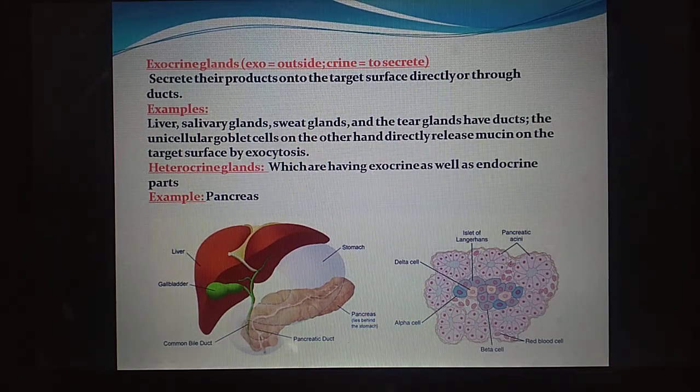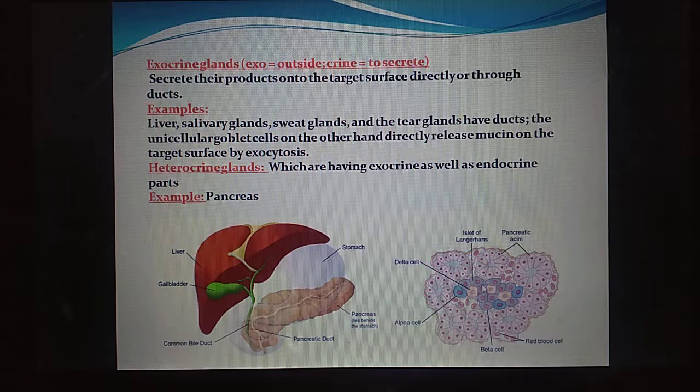They are concerned with the secretion of pancreatic juices, and the pancreatic juices come to the duodenum through the pancreatic duct. That is the exocrine part of the pancreas. The pancreatic acini are exocrine in nature.